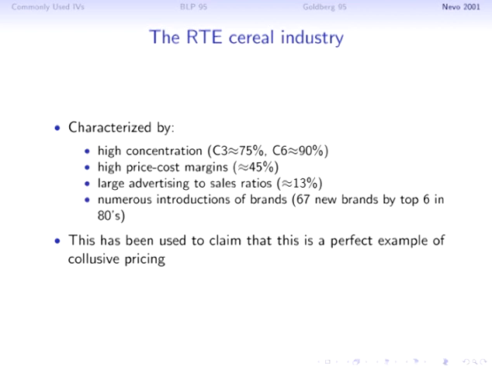They had fairly high price-cost margins, a large advertising-to-sales ratio, and a lot of introduction of new goods. So this has always been used to claim that this is a perfect example of an industry where pricing is roughly collusive and firms compete on other dimensions, basically through advertising and the introduction of new goods. It's always been a textbook example of that.